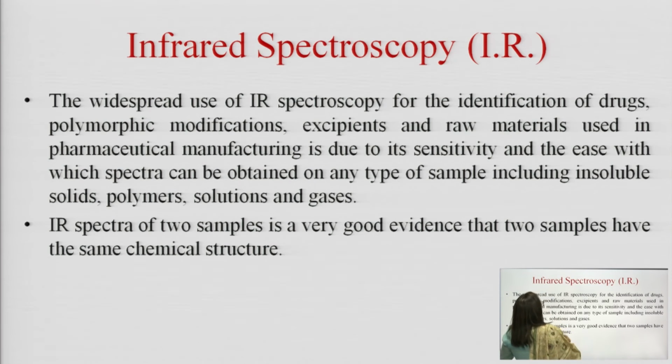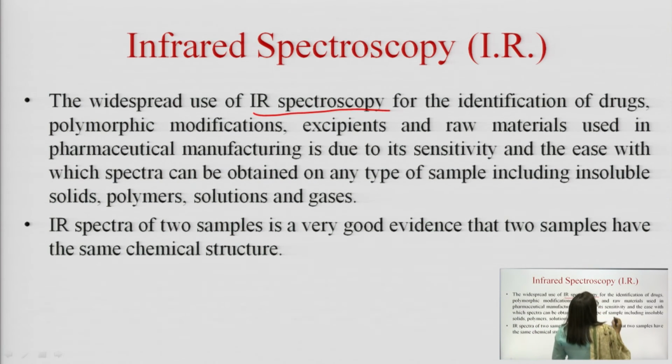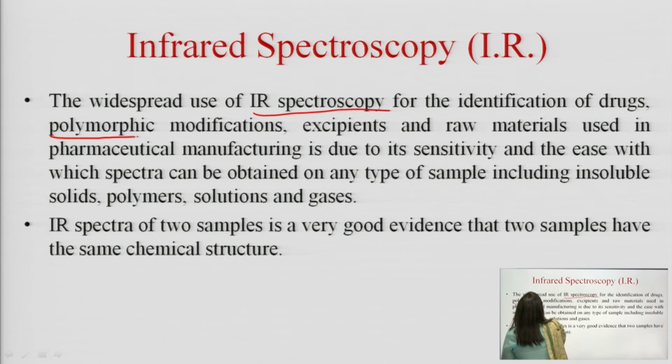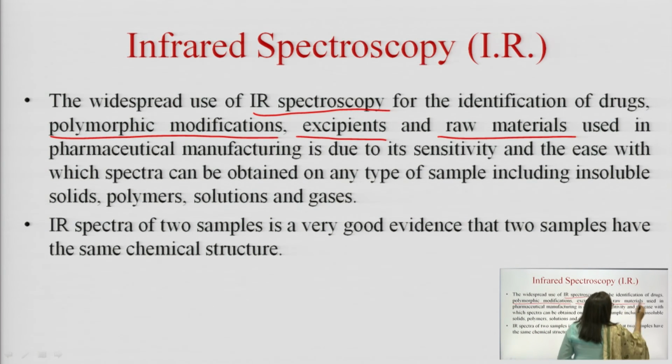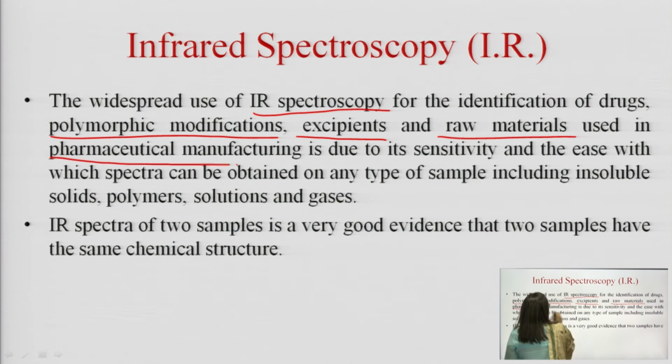The widespread use of IR spectroscopy for the identification of drugs, polymorphic modifications, excipients and raw materials used in pharmaceutical manufacturing is due to its sensitivity and the ease with which spectra can be obtained on any type of sample, including insoluble solids, polymers, solutions and gases.